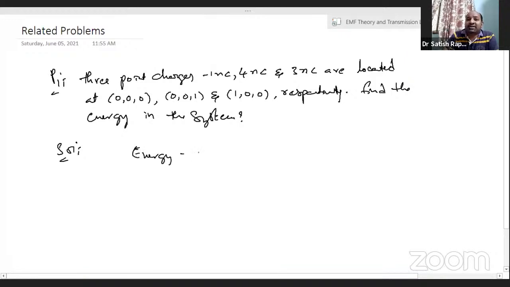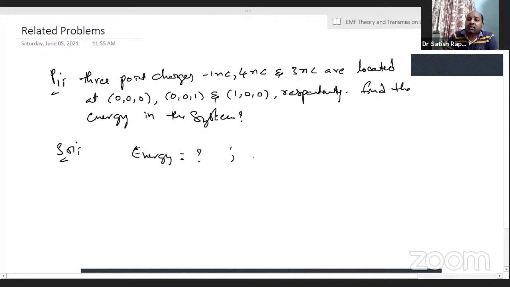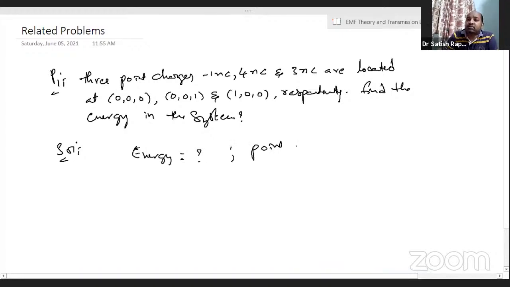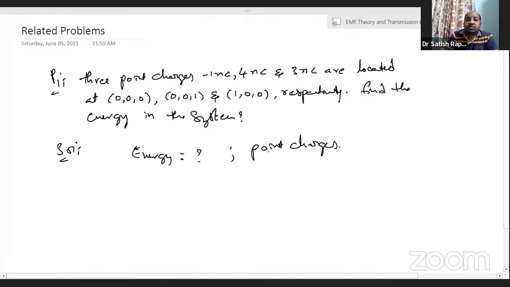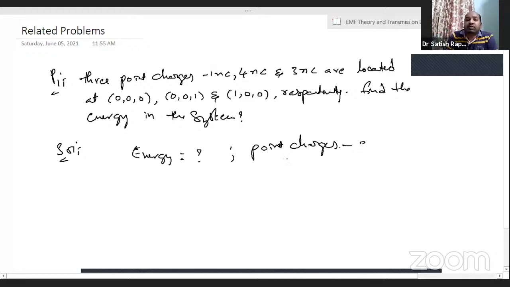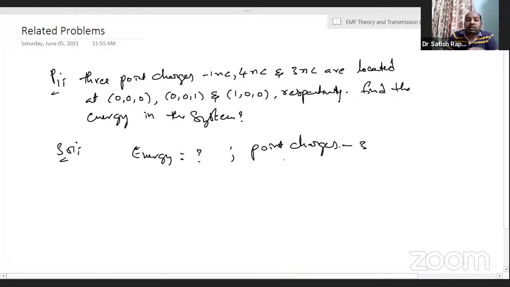What is given? Point charges were given, right? So 3 point charges were given. So therefore, with respect to point charges, what is energy?